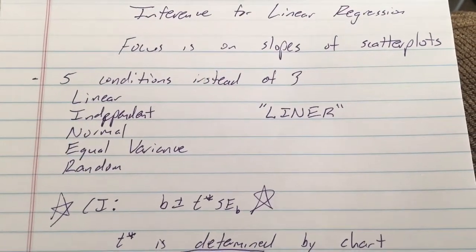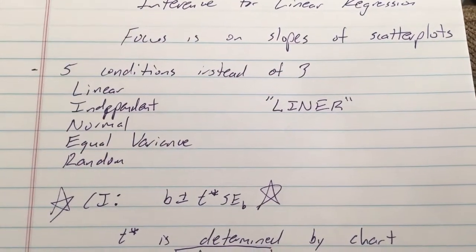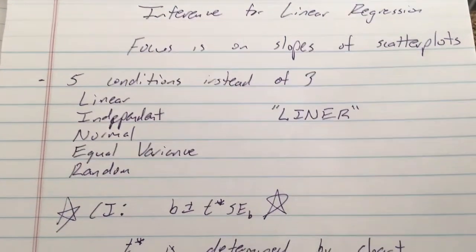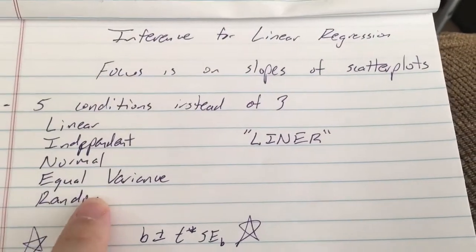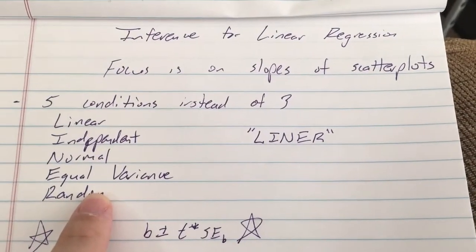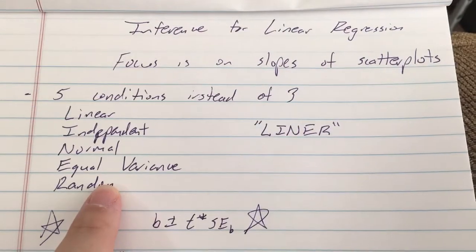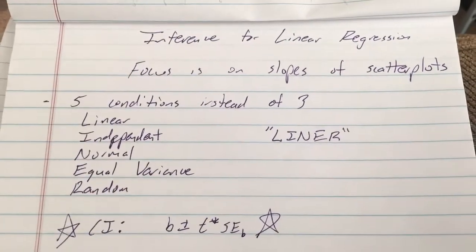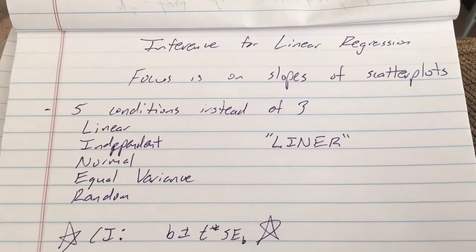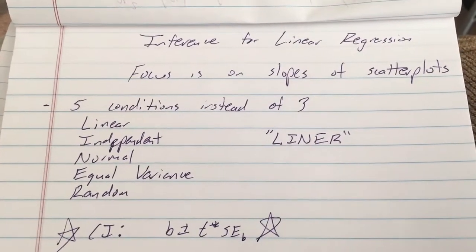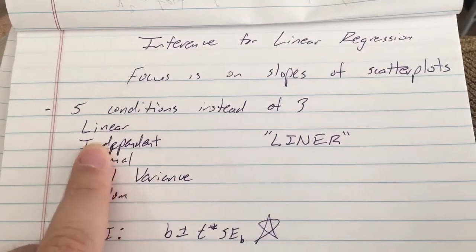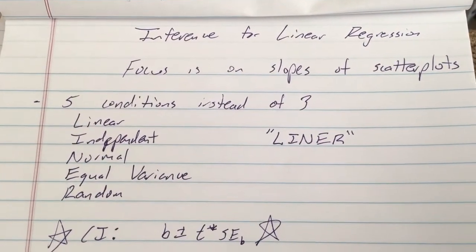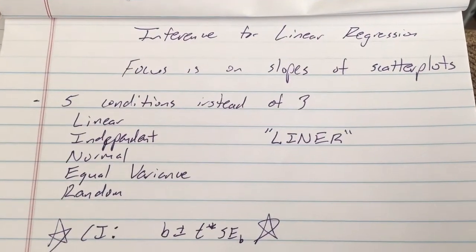There's a good chance that if you see one of these problems, you won't have to go through the time to check the conditions. Because, for example, equal variance, what I just showed you guys, you'd have to either draw the residual plot, which would take way too much time, or they would have to give it to you in the problem, and you could just look at it then. Linear, you'd have to look at the scatter plot and see, is it linear, is it curved? So a lot of times, like I said, they will say the conditions have been met.